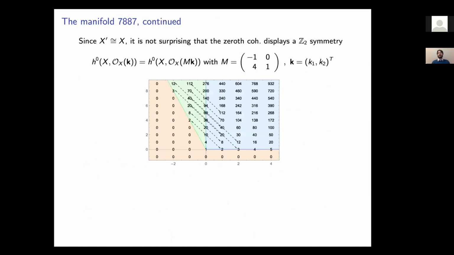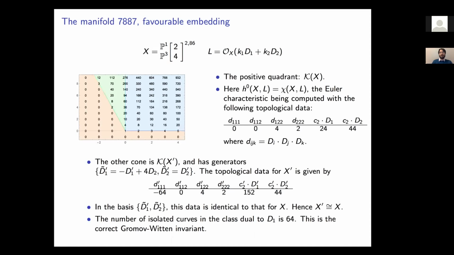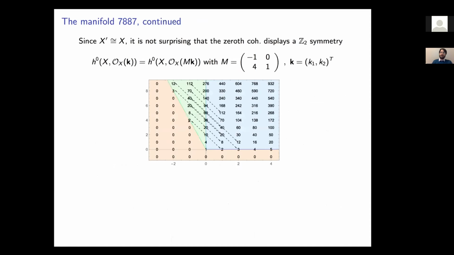Okay, so what you notice if you look at the data is the same manifold here. You notice that there is a symmetry, and this is exactly what I was saying earlier, that X and X prime are really the same manifold.